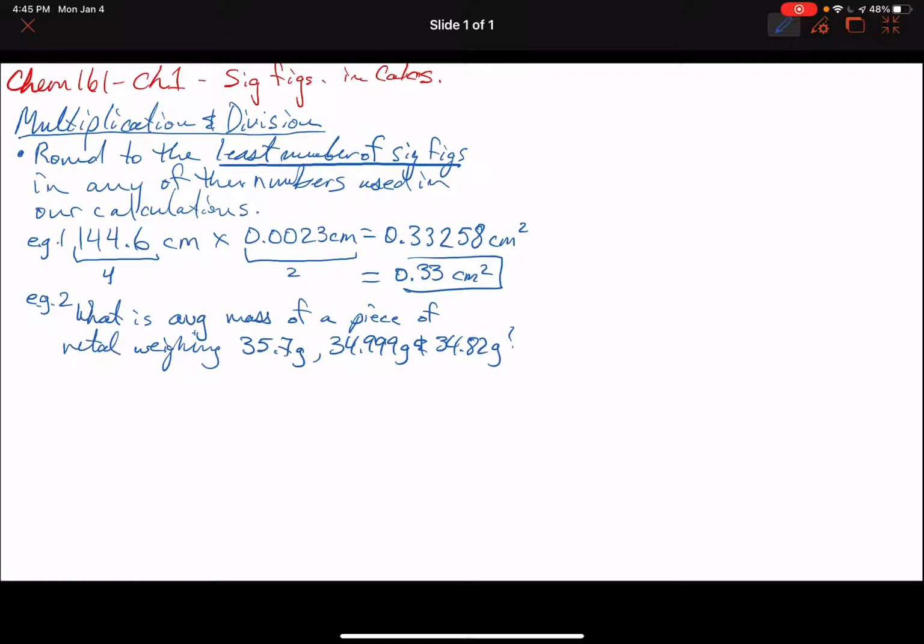Okay, so here we've got to do some addition and then divide by 3. Okay, so clearly this example needs an additional rule. So let's look at that rule to handle this example here.